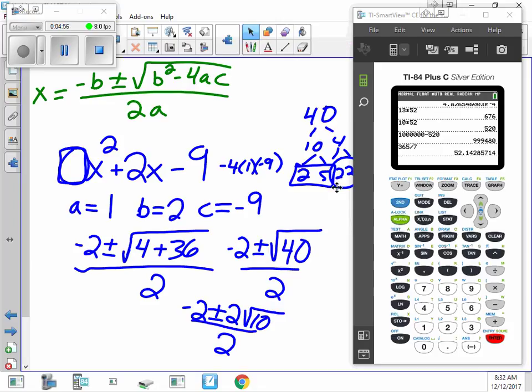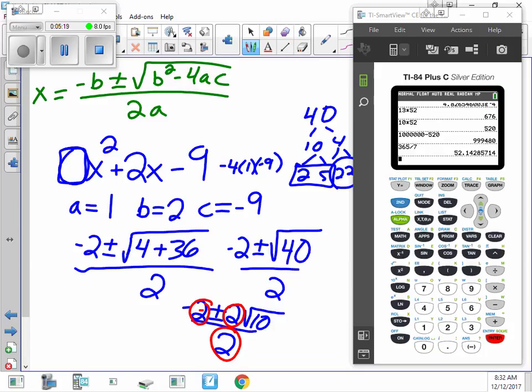Now you have to be careful at this step. You can simplify if this and this and this all have the same factor. And notice I didn't circle the 10. The 10 is not part of the simplification process. Anything that stays inside the square root cannot be simplified any further.